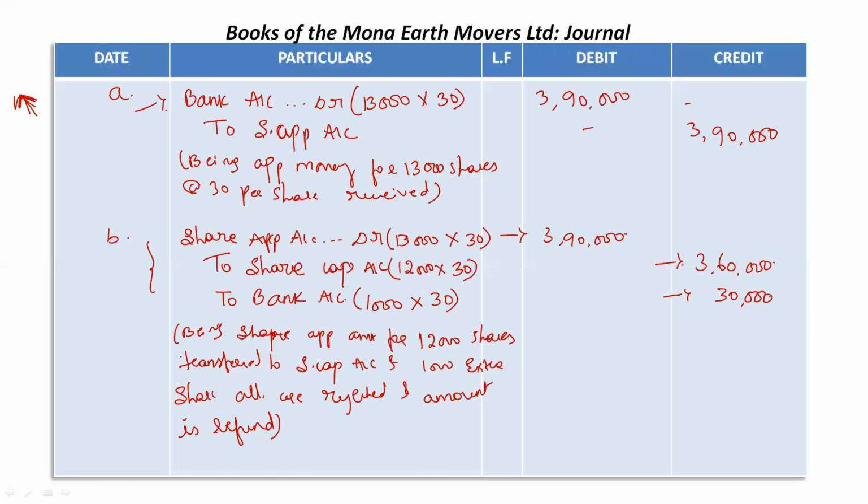Now let us do the due entry for the allotment process. The due entry will be share allotment account debit to share capital account. These entries will never change in any question.